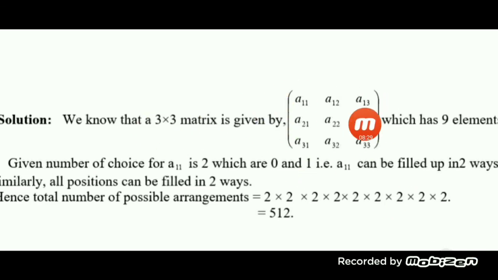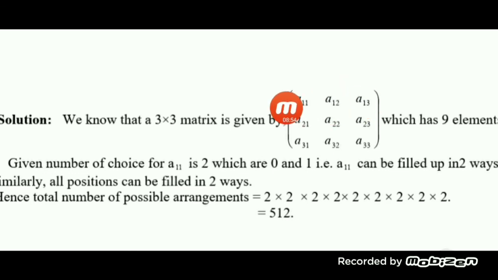First I am writing the general 3 by 3 matrix. This is your general 3 by 3 matrix. Then a general 3 by 3 matrix has how many elements? 9 elements, is it not? So 9 elements means there are 9 positions, each position can be filled up in two ways because there are two entries given. So the first position can be filled up in two ways, this a12 position can be filled up in two ways, this also can be filled up in two ways.